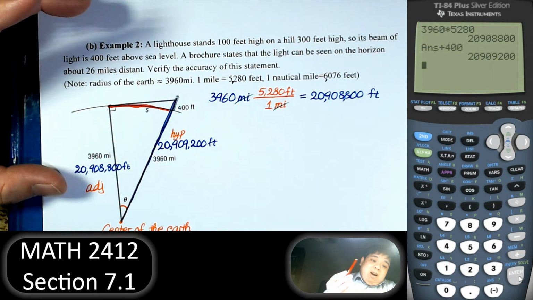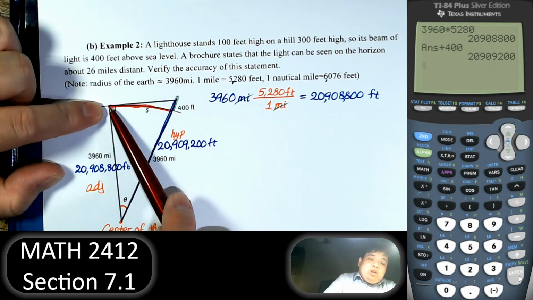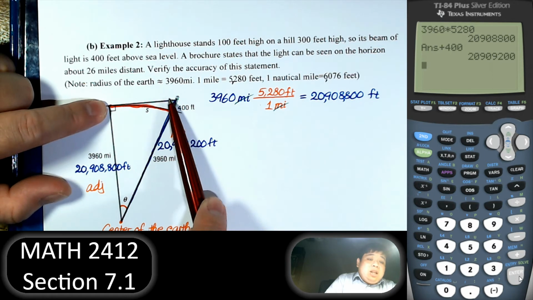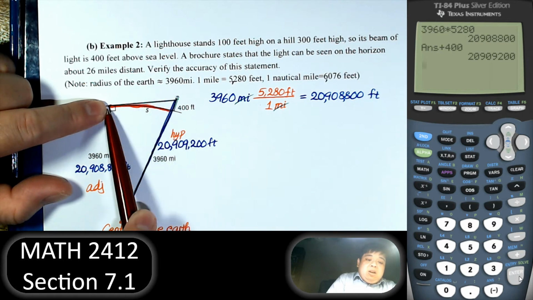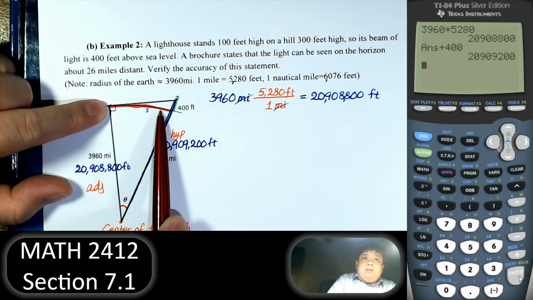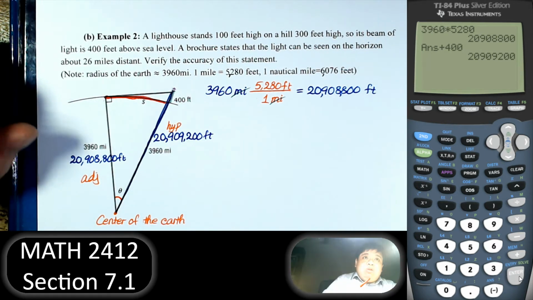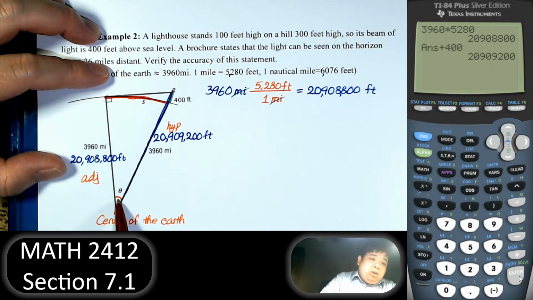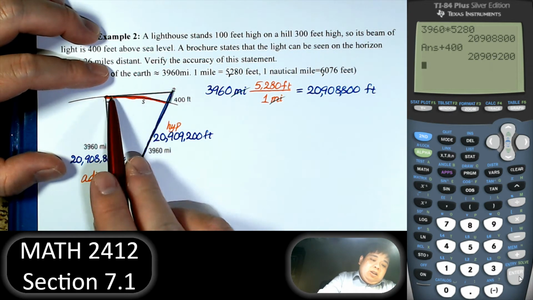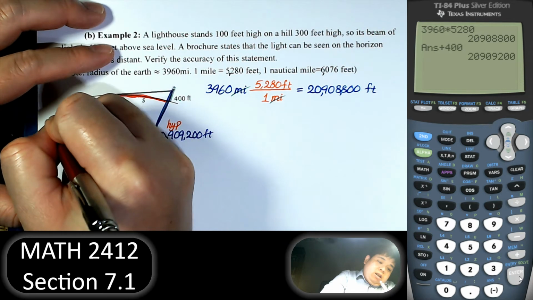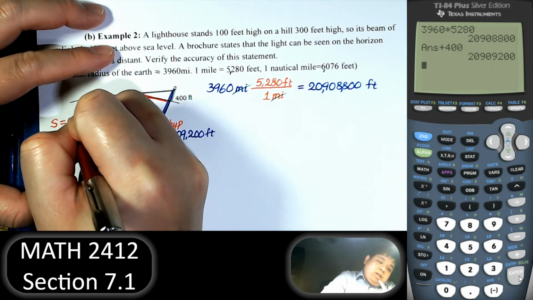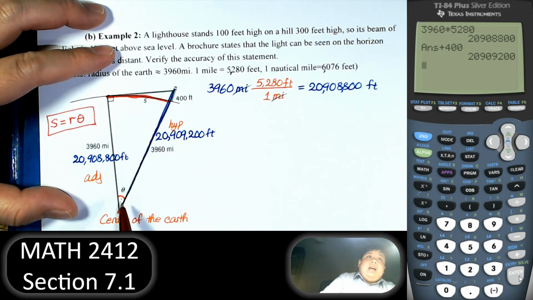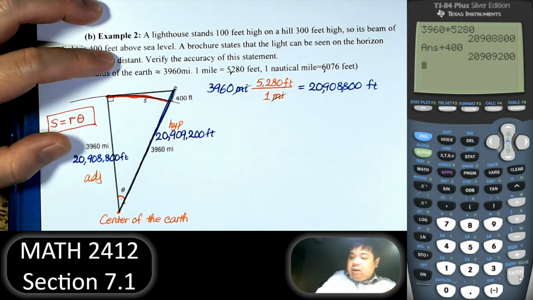So when we find the farthest distance where we can see the lighthouse, it is not a straight distance here, but a curved distance, because the Earth is a spherical surface. So after we find the angle, we will find the arc length. The arc length is equal to the radius times the angle. So we need to find the angle first, and then we can find the arc length.